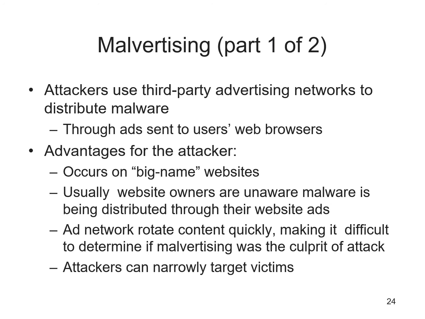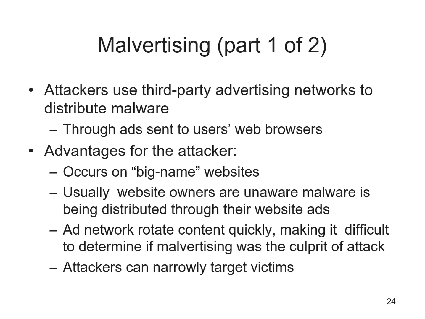Advantages for the attacker is it occurs on big name websites like Walmart or Target or any other big websites which are promoting different things. So if you see an advertisement appearing on their website, you might think that it's authentic, and once you click on it, that code would be downloaded on your computer.